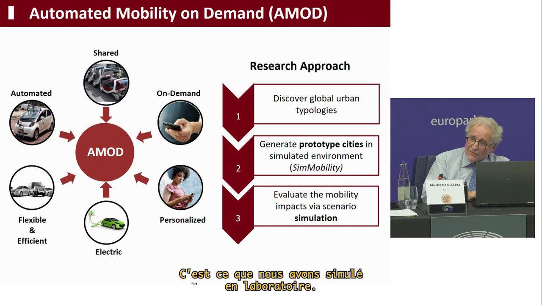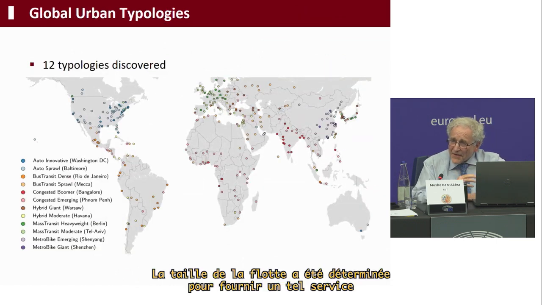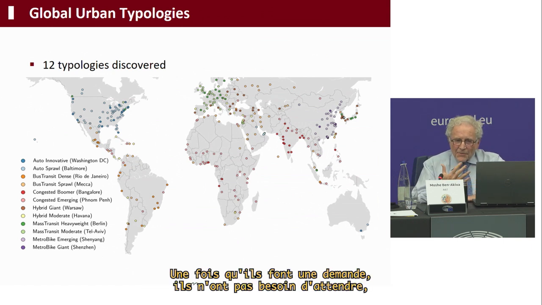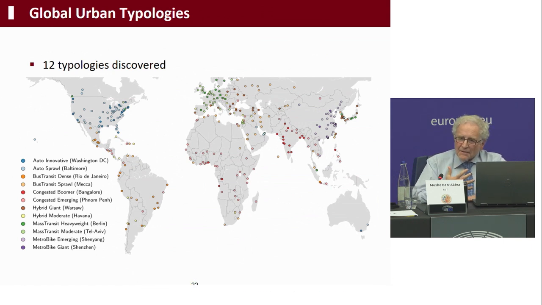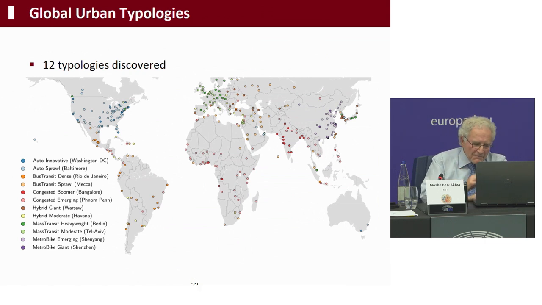We've done simulations. We use a laboratory, and the fleet size was determined to provide such a service such that people do not need to wait. Once they request a call, they don't need to wait more than 5 minutes, except for unusual situations.